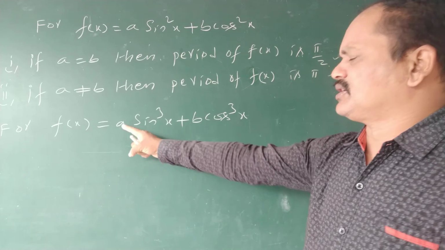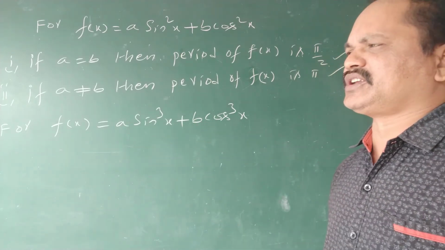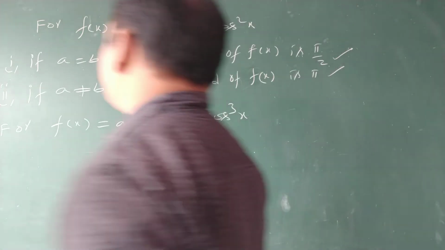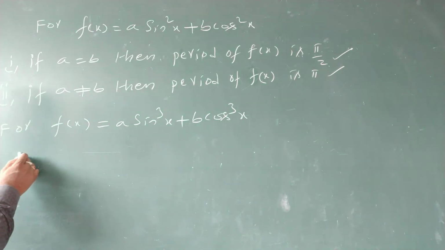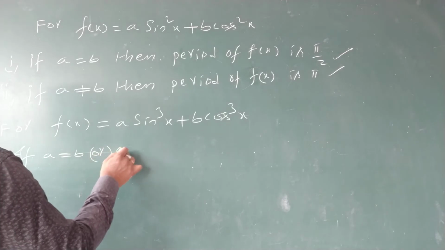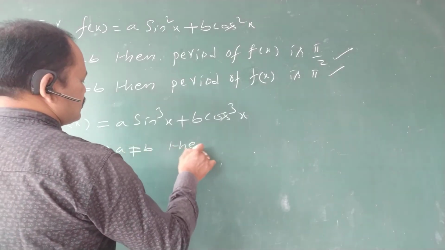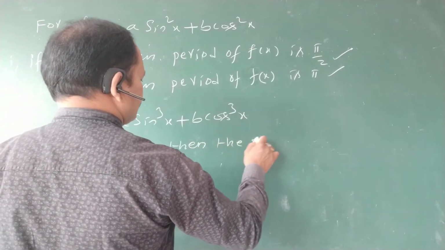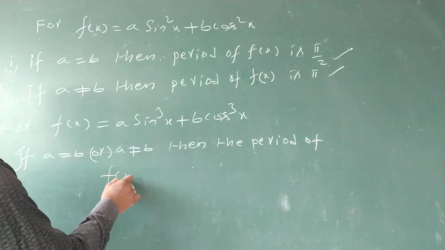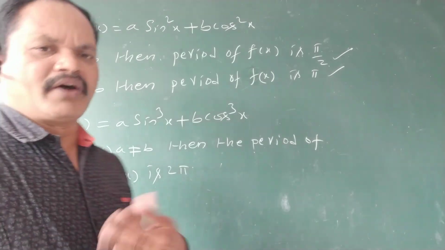The function for this one is 2 pi. That's why if a is equal to b or a not equal to b, then the period of f of x is 2 pi, since the power is odd.